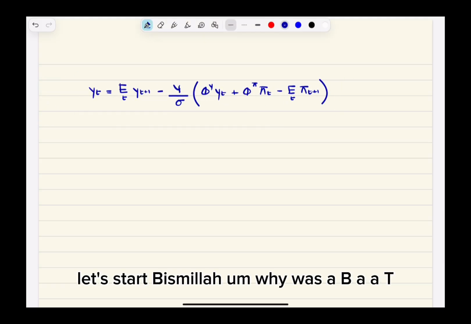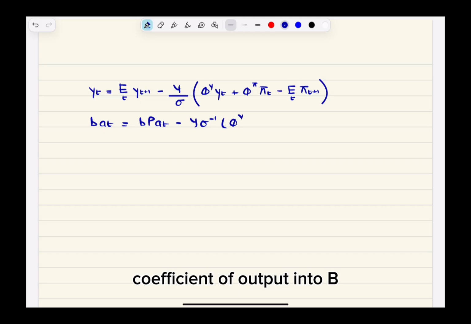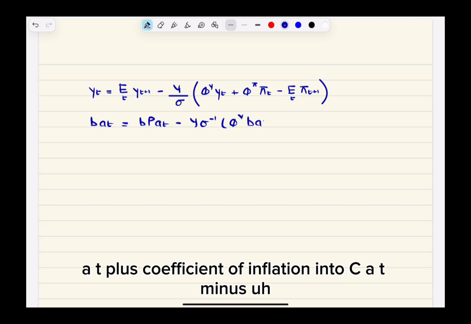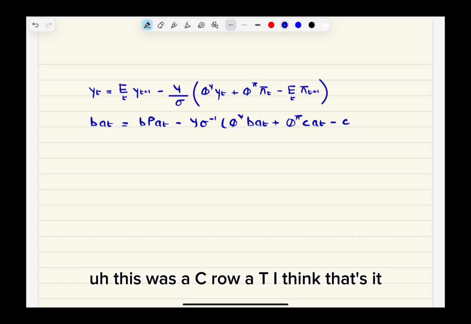Okay, let's start. Bismillah. Y was a b a t. This was a b rho a t minus gamma inverse of sigma coefficient of output into b a t plus coefficient of inflation into c a t minus this was a c rho a t.